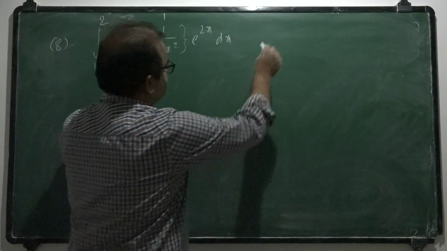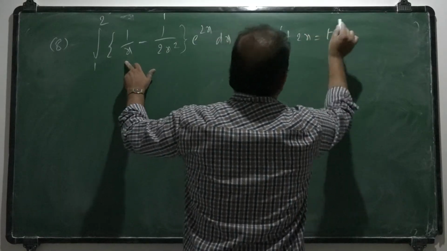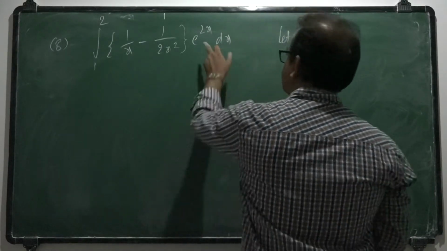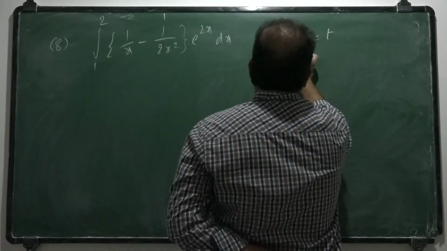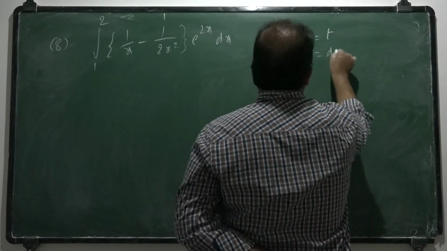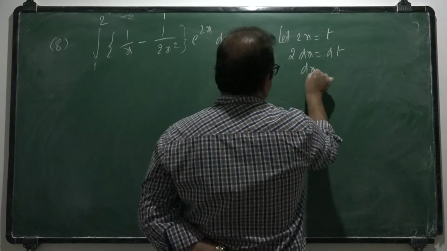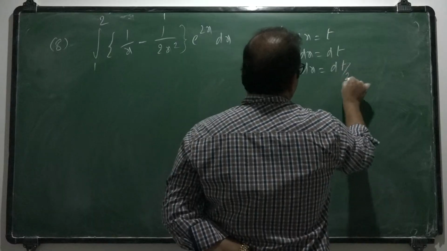Okay, here take 2x is equal to t. Differentiate both sides. 2 into dx is equal to dt. From this dx is equal to dt by 2.